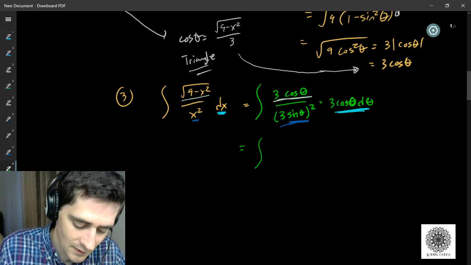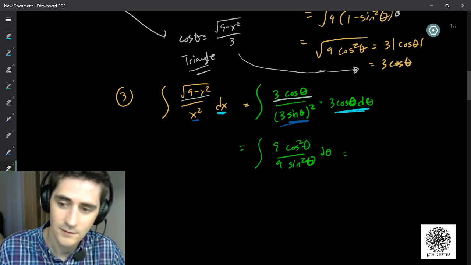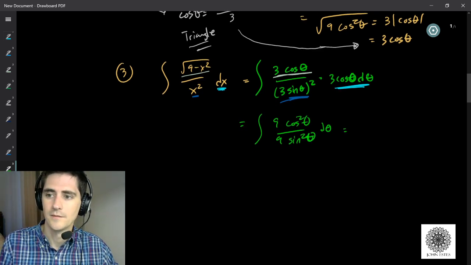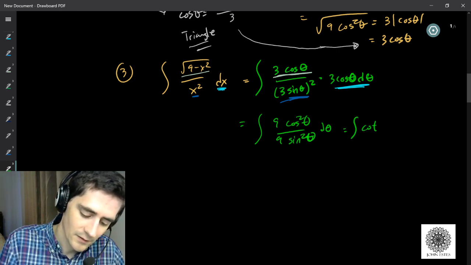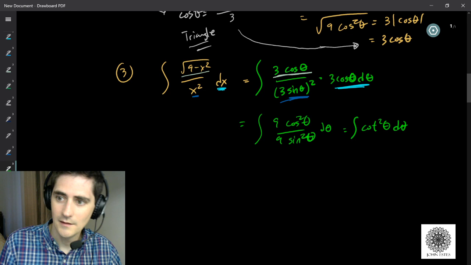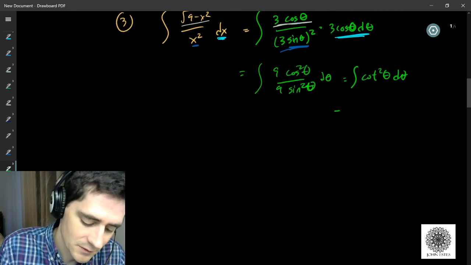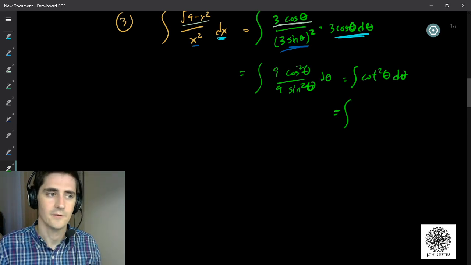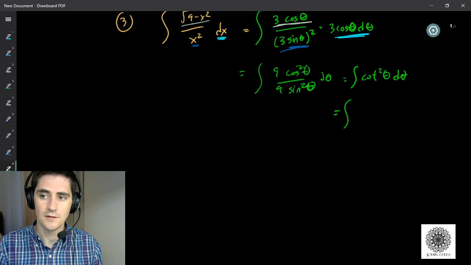I end up with 9 cosine squared over 9 sine squared d theta. Okay, so I get the integral of cotangent squared d theta.